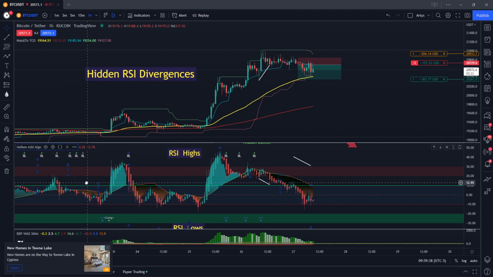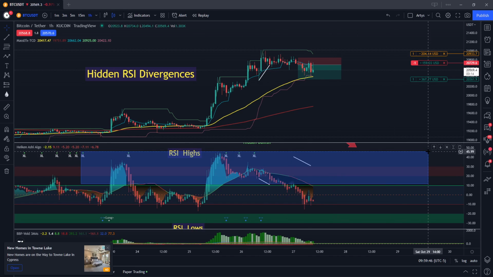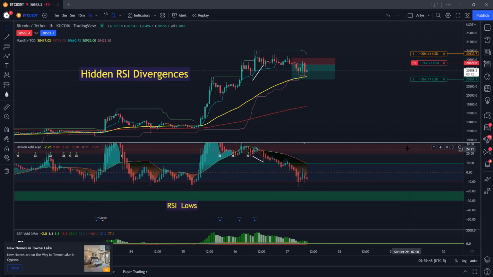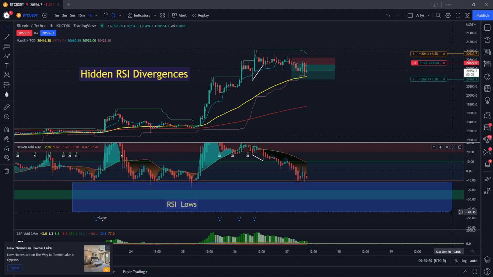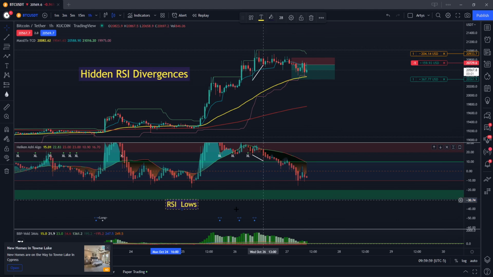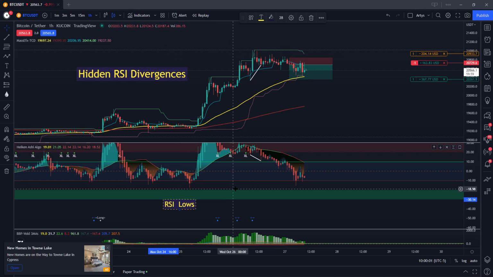The only thing you care about in a regular divergence is the RSI high in the high part of the oscillator, right, above plus 10, and the lows in the low part of the oscillator, the lows of the RSI, right? The lows are represented by the low wicks on your Heiken Ashi candles, okay?